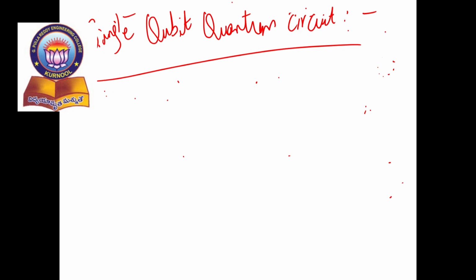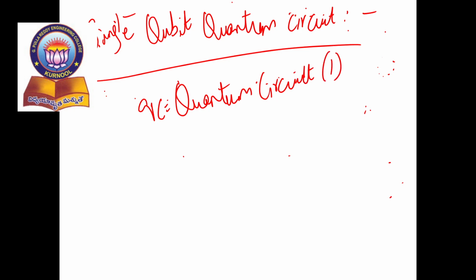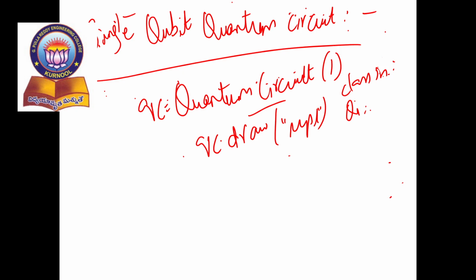First we write QC is equal to QuantumCircuit of 1, then qc.draw of mpl. So QuantumCircuit is a class in the Qiskit library to create quantum circuits.